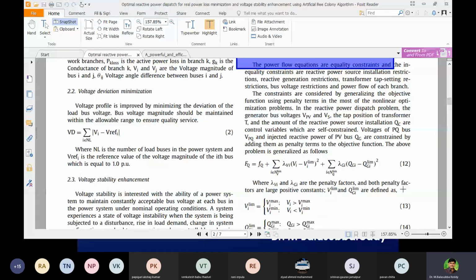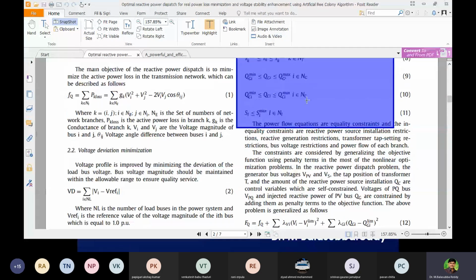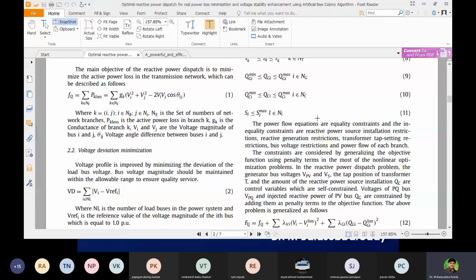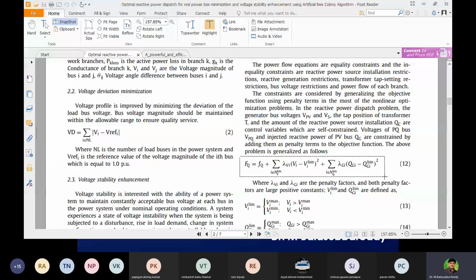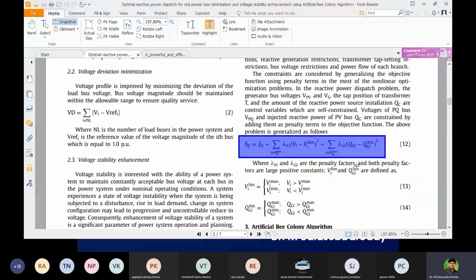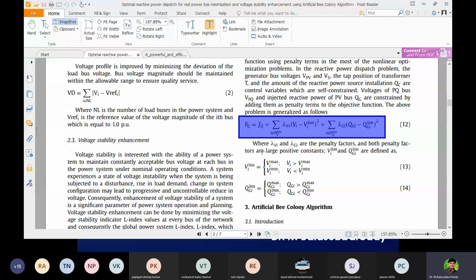And now, to convert these inequality constraints to equality constraints, they use the Lagrangian and so on. You can use that, or a penalty function, converting the inequality constraints to equality constraints by making use of the objective function.